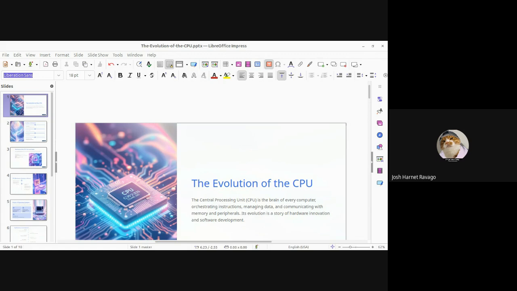Then the last one, 32-bit processors, pipelines, and caches. As CPUs advanced, 32-bit processors became standard, introducing pipelining and caching to maximize efficiency.